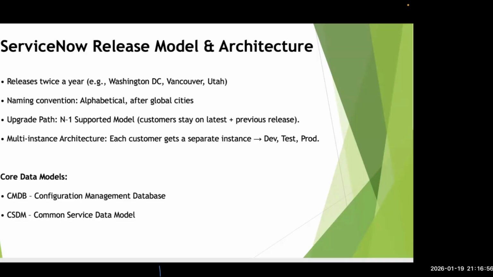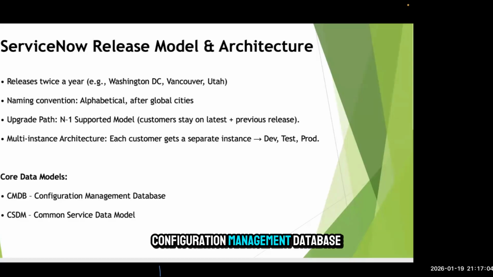At the core of this architecture, there are two vital components, which are CMDB and CSDM. CMDB is the Configuration Management Database, which stores information about every IT asset and the relationships between them. For example, I have my laptop and it is connected to a certain Wi-Fi in my company, right?